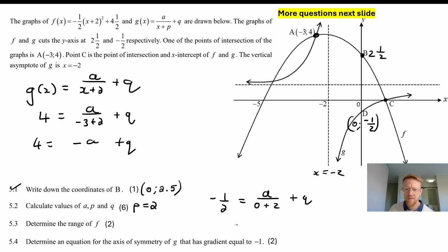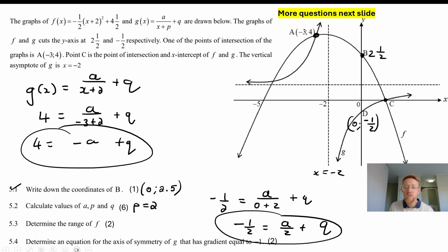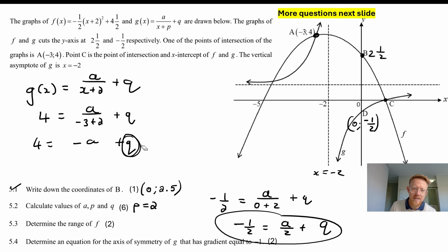So we end up with negative 1/2 equals a over 2 plus q. Now, I think to just make that, oh no, we don't have to do anything, because what we have now is two equations and two unknowns. So we can now solve this. You can solve it however you like. What I'm going to do is I'm going to get this q value by itself over here.